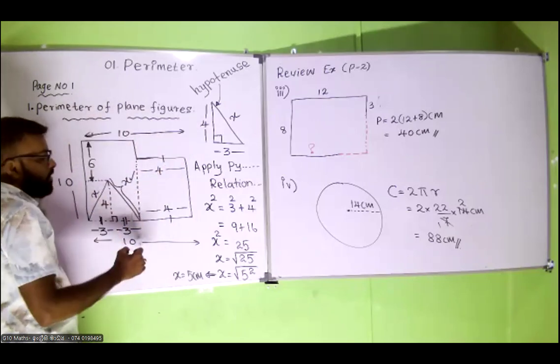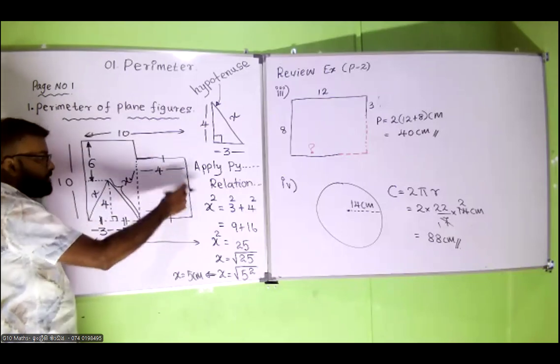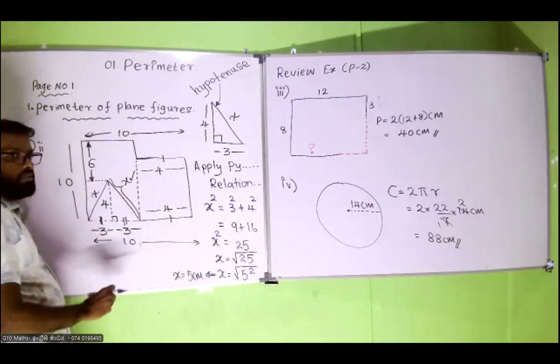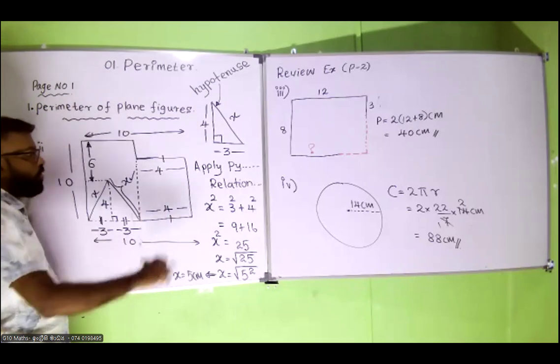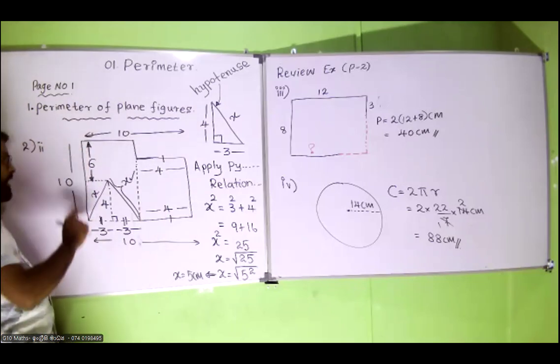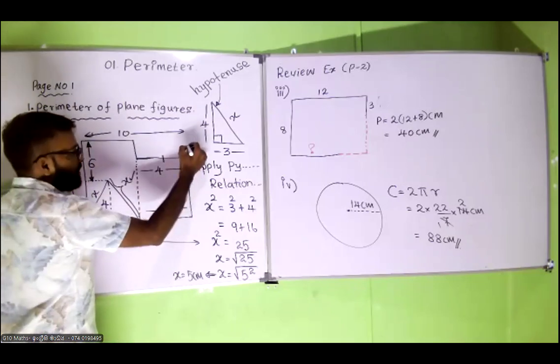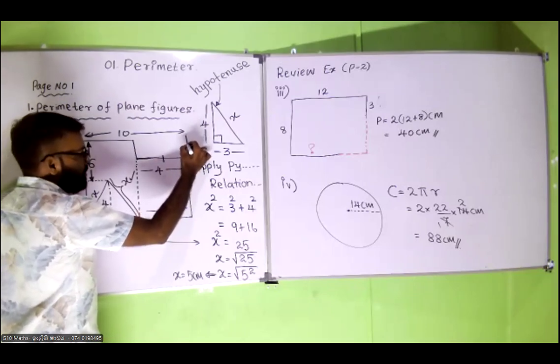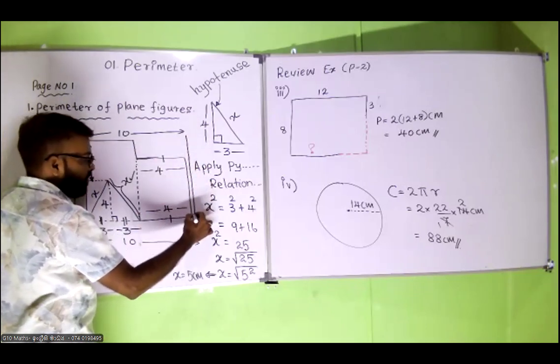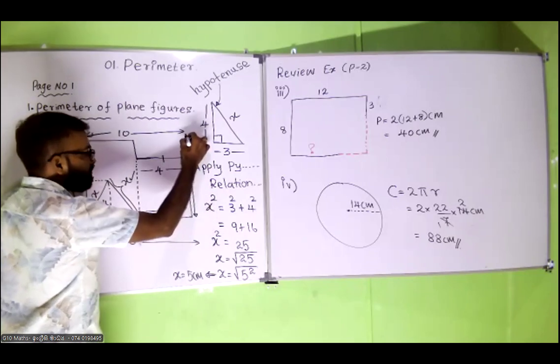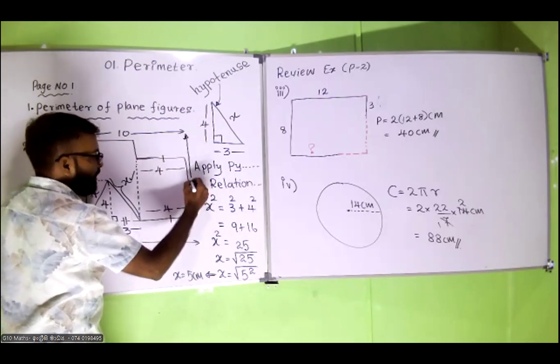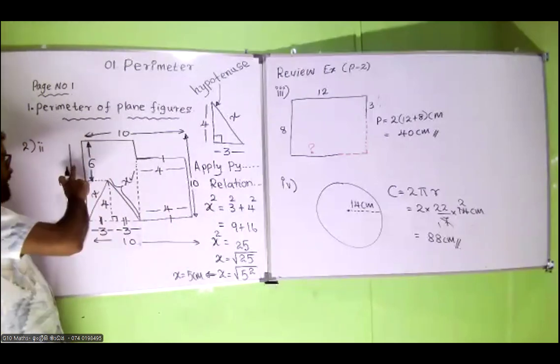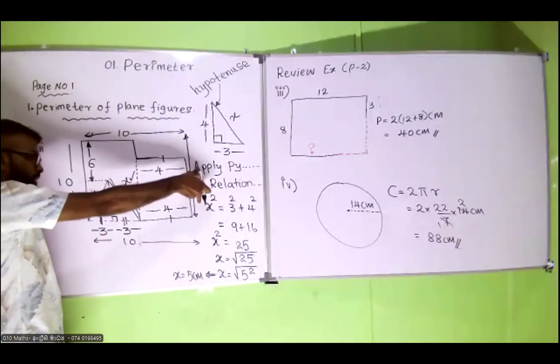Do you need to find this length and this length separately? No, because this total length is 10. So you can say this total length is also 10. Well, 10 plus 10 plus 10.